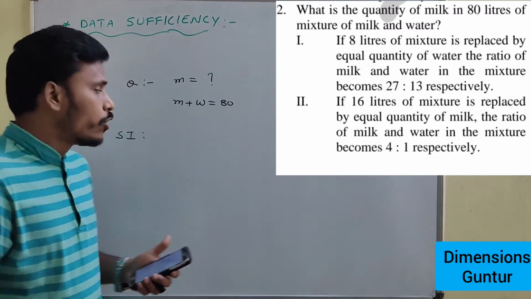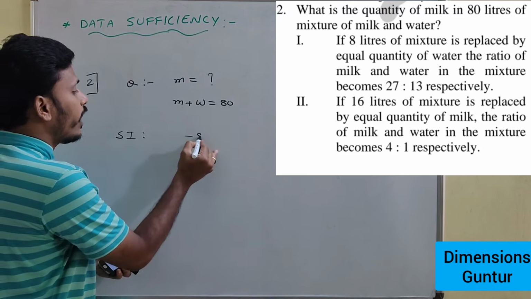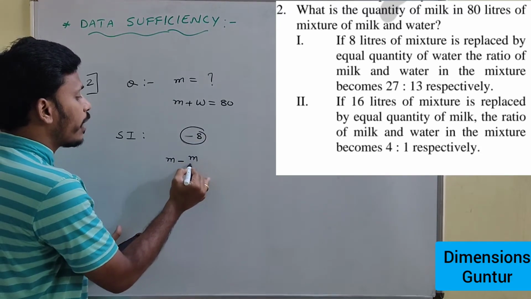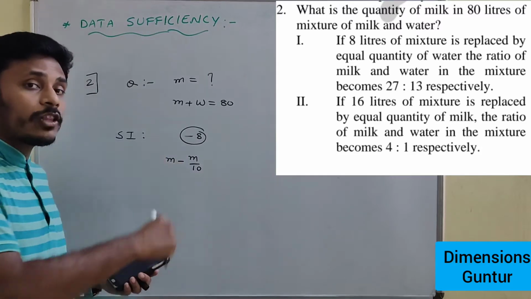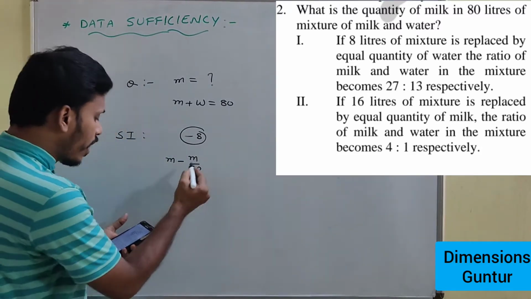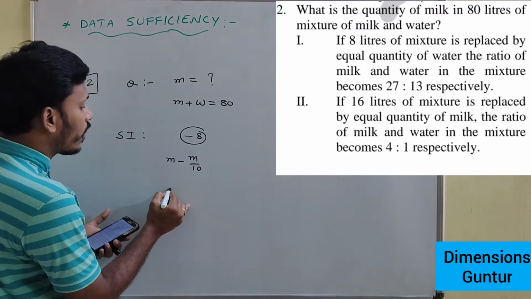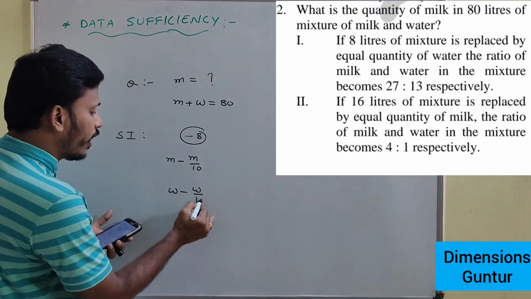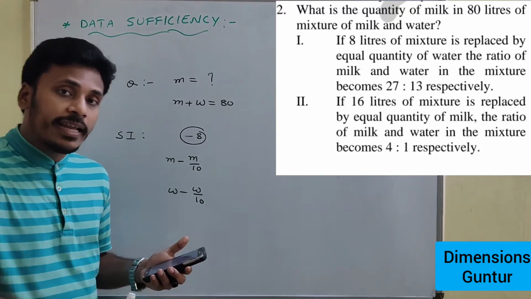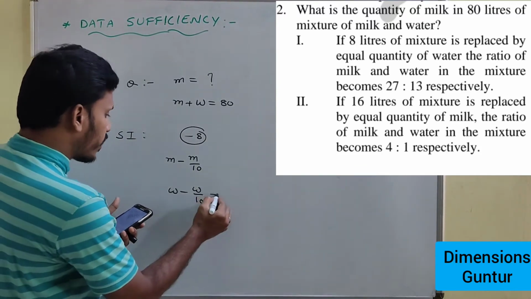After replacement of the 8 liters, the milk quantity is M minus M by 10, since 1/10 of the solution is removed, as well as the water quantity is W minus W by 10. But since we are removing 8 liters, we will add 8 liters of water, so plus 8.